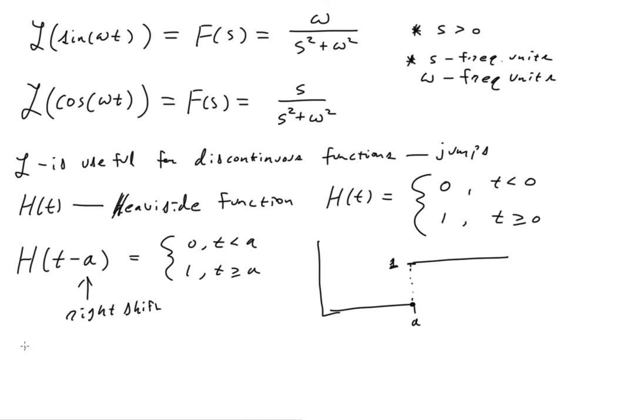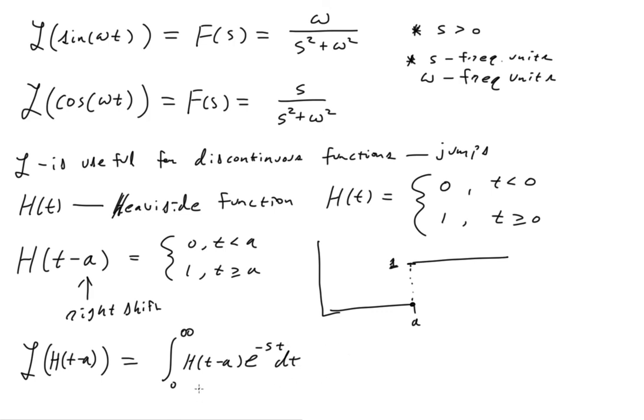Well, let's see if we can compute it. The Laplace transform of capital H of t minus a is going to equal the integral from 0 to infinity of h of t minus a times e to the negative st dt. What I really want to do is a u substitution.